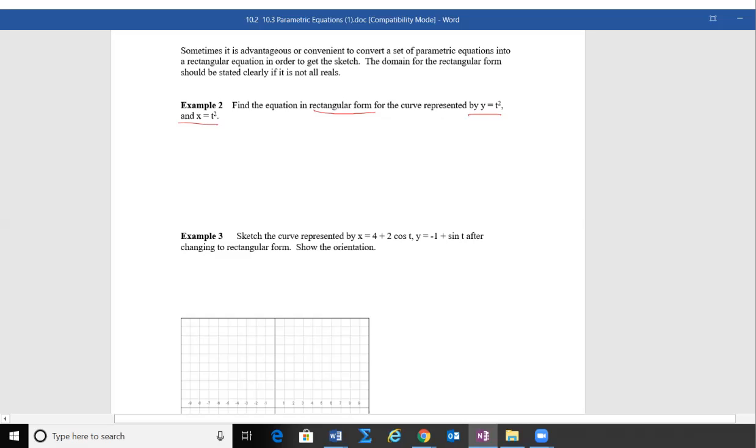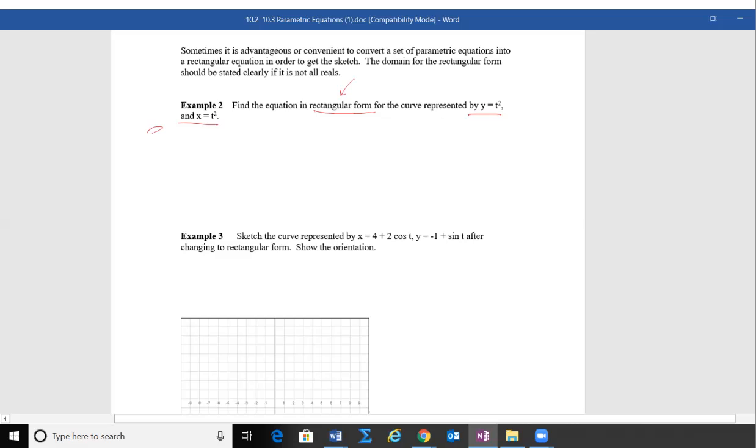Even though it's convenient to have these parametric forms, for purposes of graphing it might be simpler to have the rectangular form, depending on what's in front of us. So we need to be able to go back and forth between them. We'll also have another example where we create our own equations from a rectangular equation. So we'll start with this now.